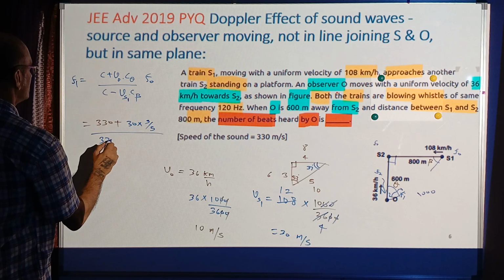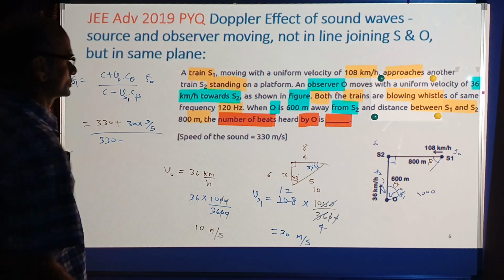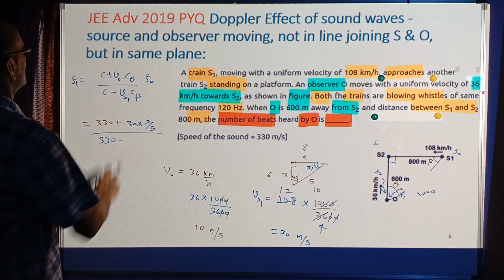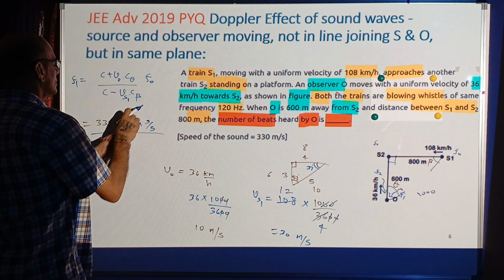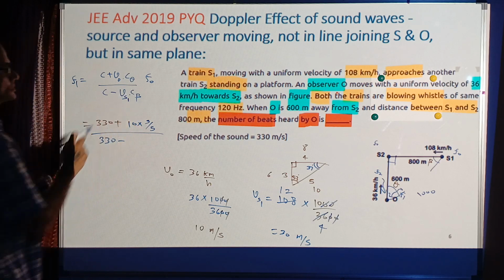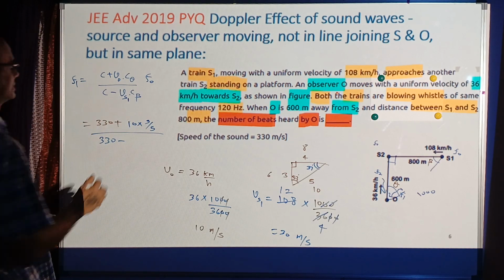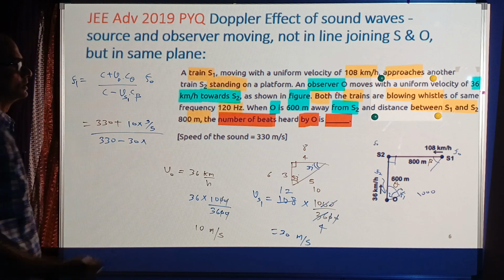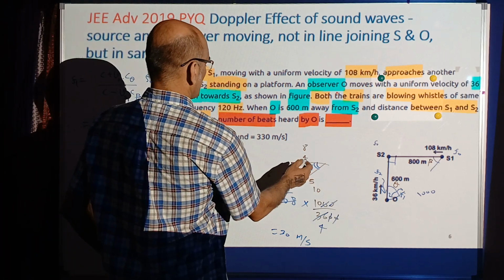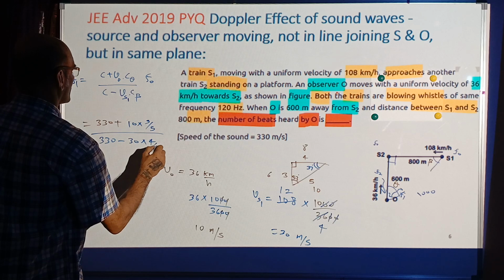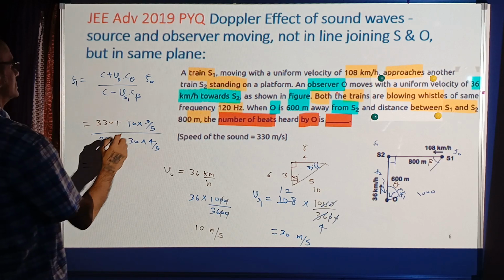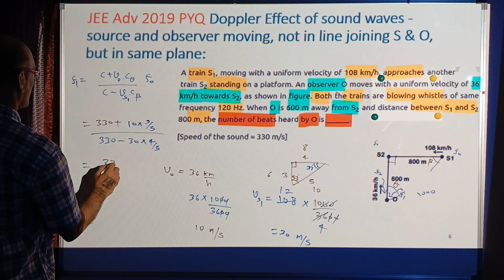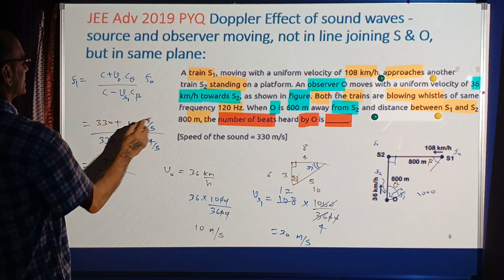Sound speed 330 minus velocity of source is 30. The velocity of observer, it should be 10. Numerator is observer. Denominator is velocity of sound source 1, 30, into cos beta, which is 4 by 5. So this is 330, plus 6, so 336.